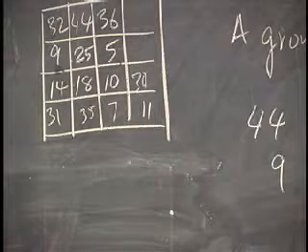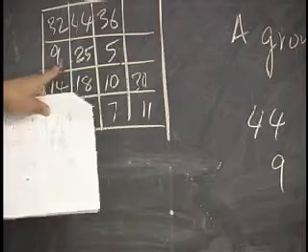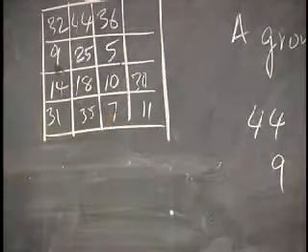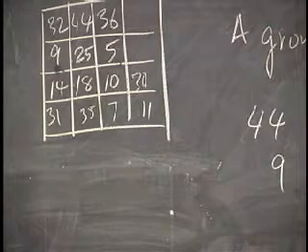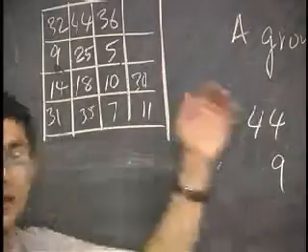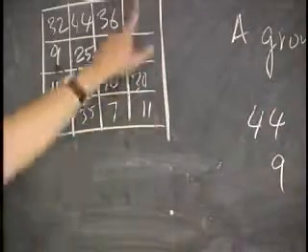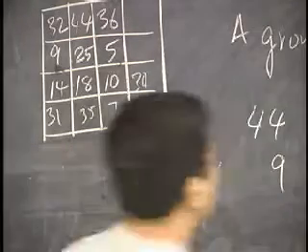Let me just clarify the point he raised. In the previous one, whatever number we were looking at, its binary representation was used to map. Here, the hashing function takes the modulus of that number, and the modulus is the number of buckets here, this number n.